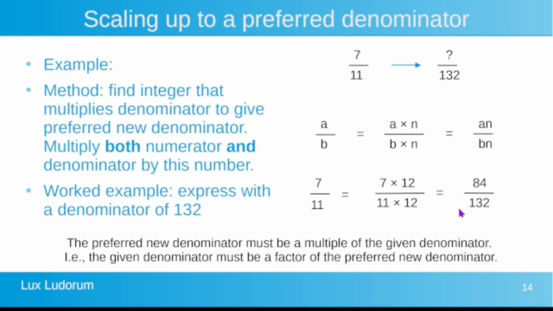And this could be simplified, but I haven't done that here. The preferred new denominator must be a multiple of the given denominator. There has to be an integer number that you can find. In other words, the given denominator must be a factor of the preferred new denominator.